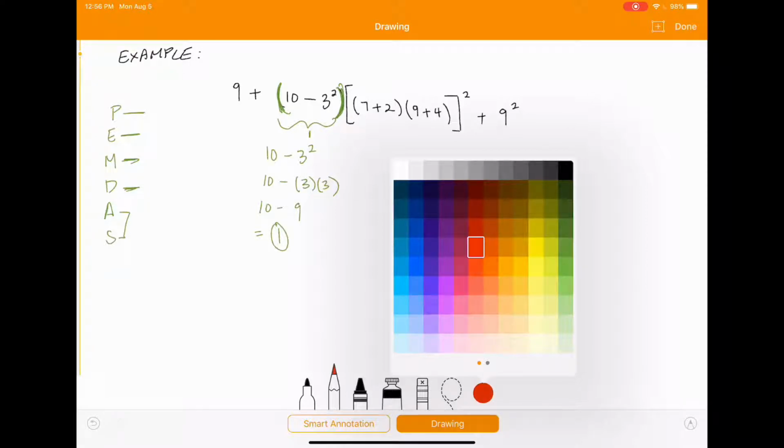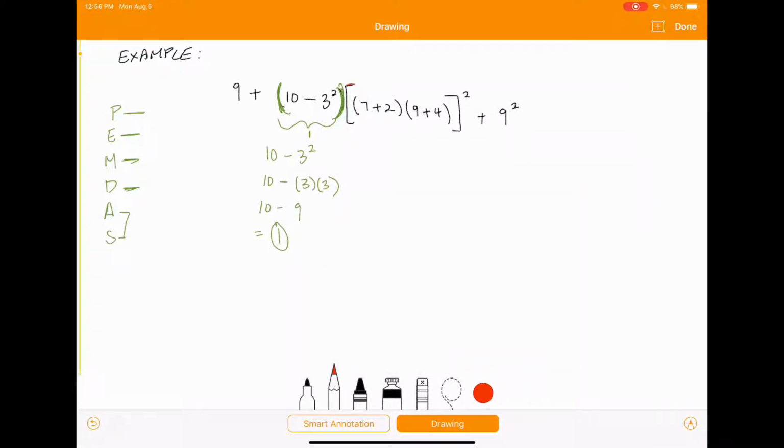So then we can go ahead and move on to our next set of parentheses, which are going to be these brackets here, which is just a fancy kind of parentheses, which go around other parentheses. So if we look in there, we've got 7 plus 2 times 9 plus 4.